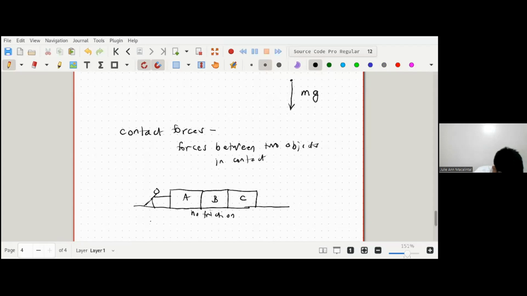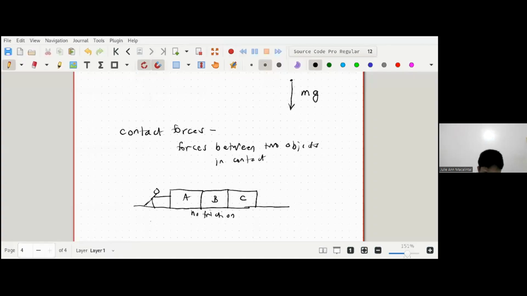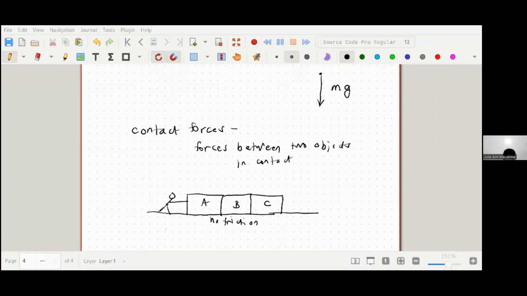Okay, so we're talking about contact forces. I'm going to give an example of a contact force. If you're pushing an object, what are the contact forces?